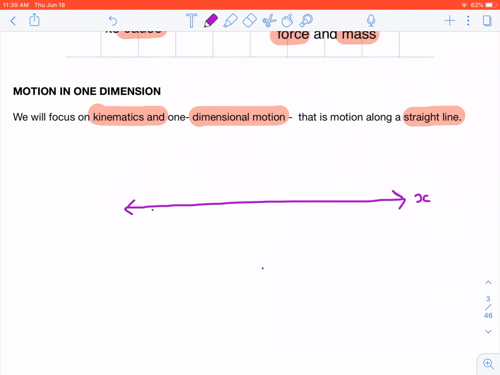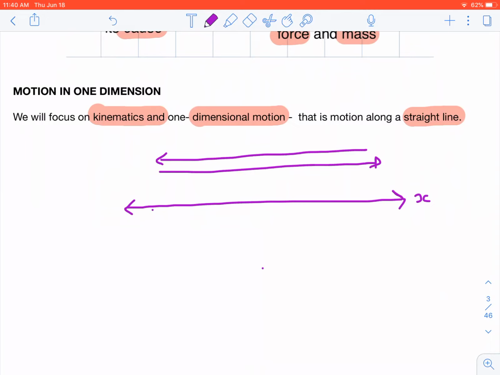That means your object or your particle moves along this coordinate line, and it could either be moving in that direction, or it could be moving in that direction. So motion along a line can only be in two directions. It needs one coordinate to specify its position.